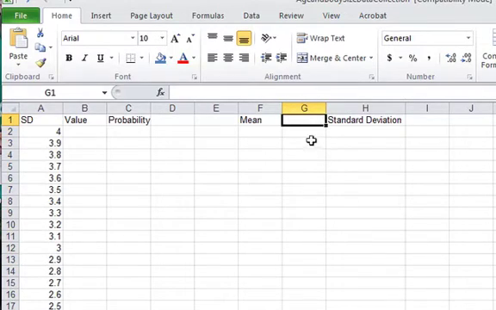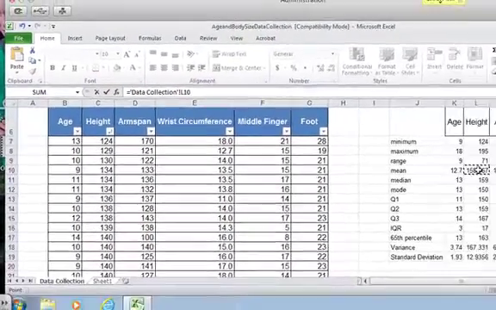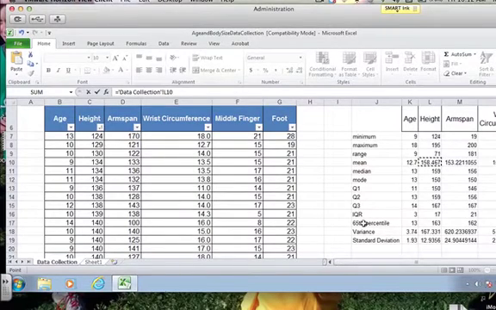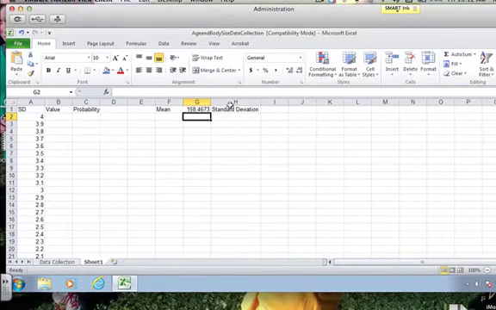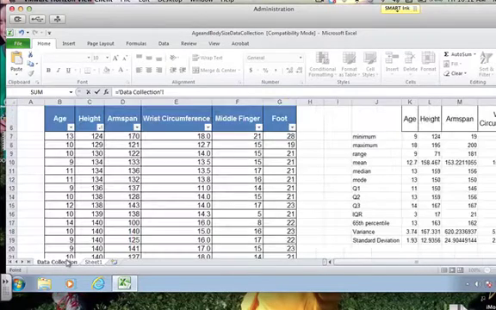So I'm going to take my mean from the first sheet. I'm going to say this is equals, and the mean here, the mean for height. You'll notice it takes data collection, so it's referencing the information from the previous sheet. And I'm going to find my standard deviation from the previous sheet as well.